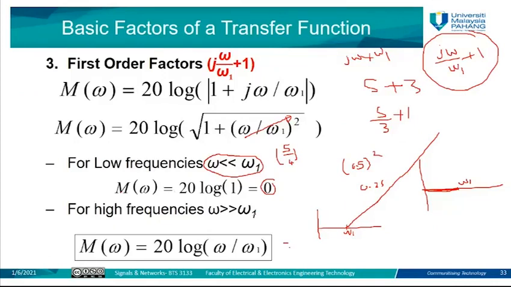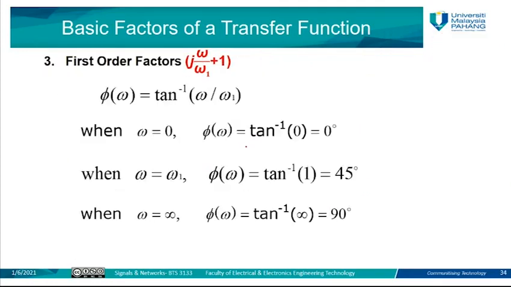How about the phase in this case? The phase for this case will be tan inverse of imaginary over real. So it is tan inverse of omega over omega 1, all over 1, so it will give you this value. So this is tan inverse omega over omega 1.